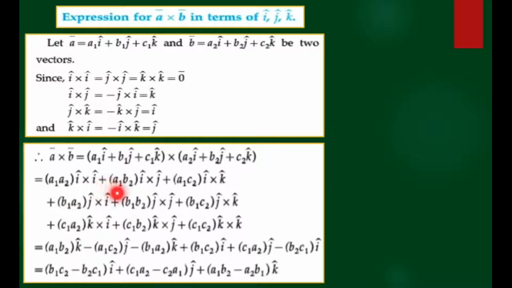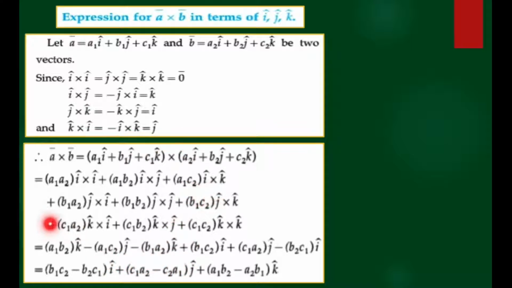So we directly write this second term, because i cross i is the zero vector. So we write a1 b2 i cross j, and i cross j is k. So we write k. Then a1 c2 i cross k. We write i cross k as minus j, so we write a minus sign.